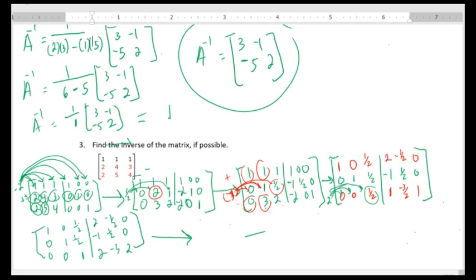So next, I want to make these halves, I want to make these 0. Multiply this by a negative a half, and then add it to the row. So we do not want to change the last row. And then I'm going to have 1 half times 0 is 0, plus 0 is 0.